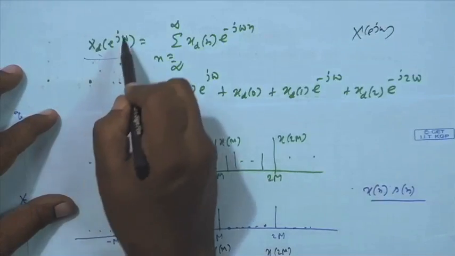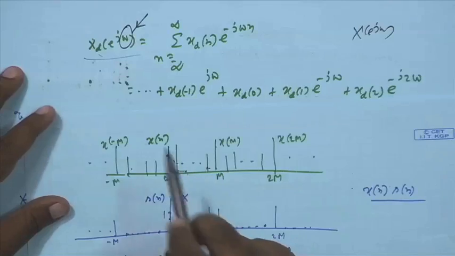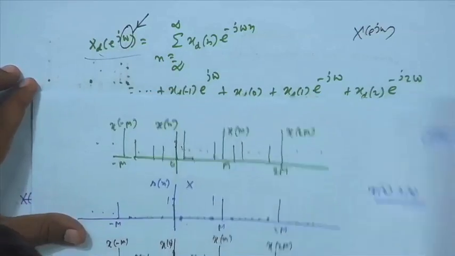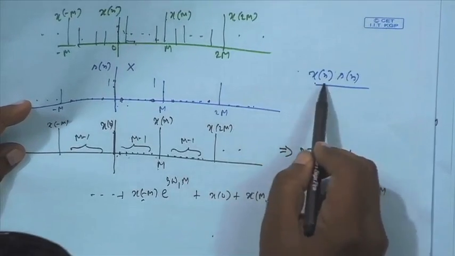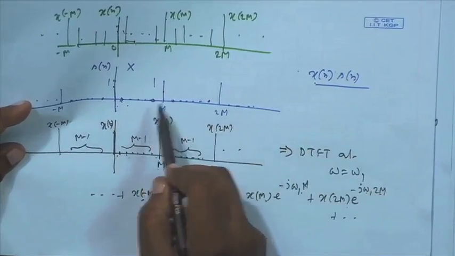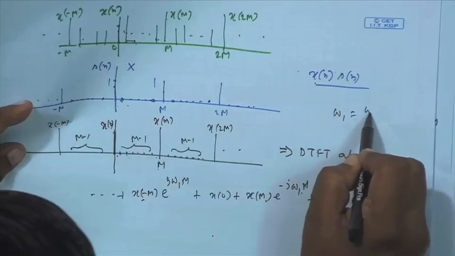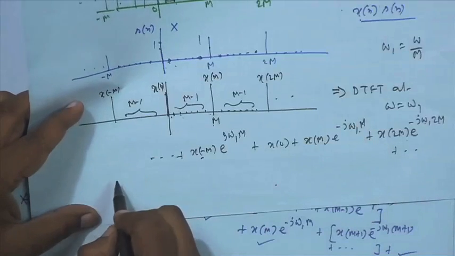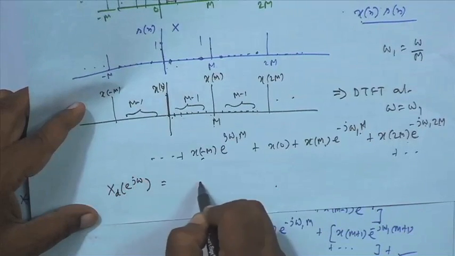Remember, this DTFT was at a frequency omega. So, the decimated sequence DTFT at a frequency omega is same as DTFT of this product sequence x n S n, where x n was the original sequence, S n is the sampling sequence, at omega 1, where omega 1 is omega by m.